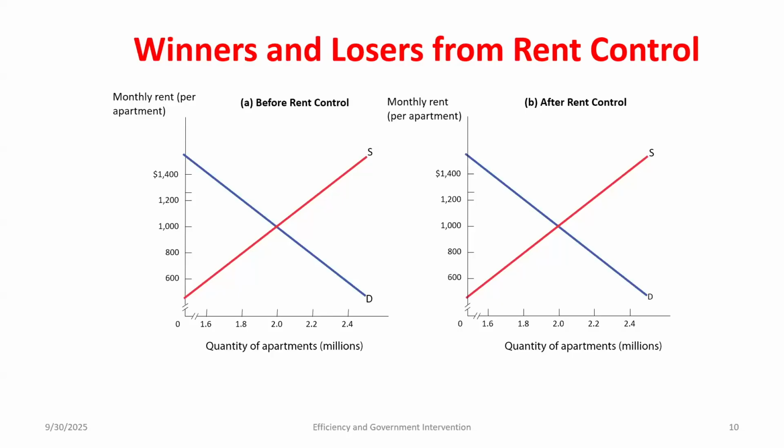Even though they lost some surplus, what's true about this rectangle here? It used to be producer surplus, it's now consumers'. So we have a loss of surplus to both individuals, but then we have a transfer of surplus from producers to consumers. That's how consumers end up better off here. Right? Producers end up even worse off because of this transfer. I don't know if that's grammatically correct, but yeah.